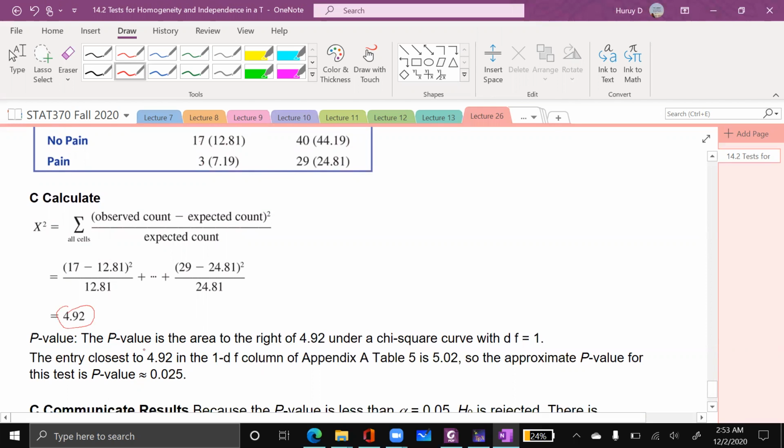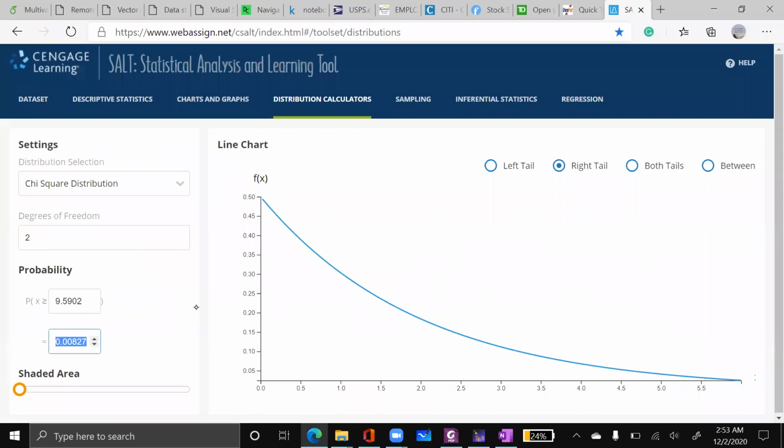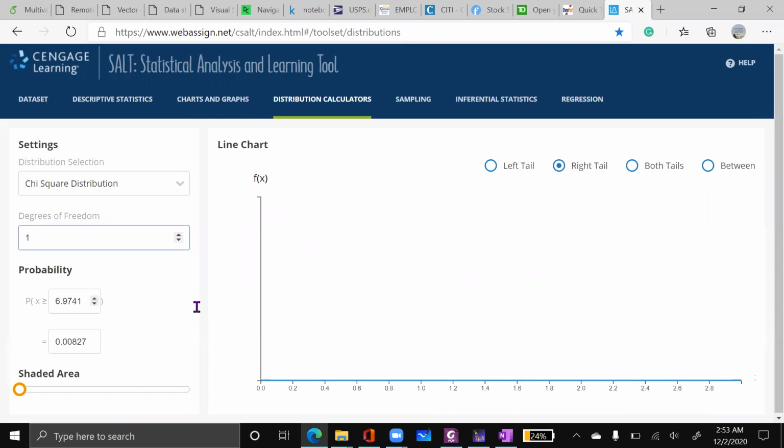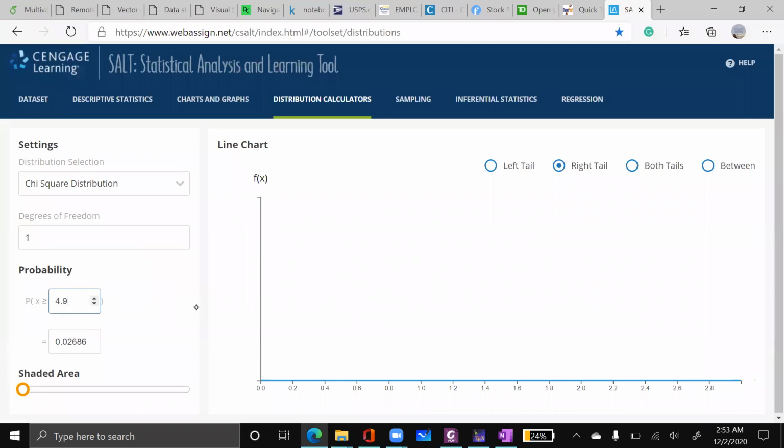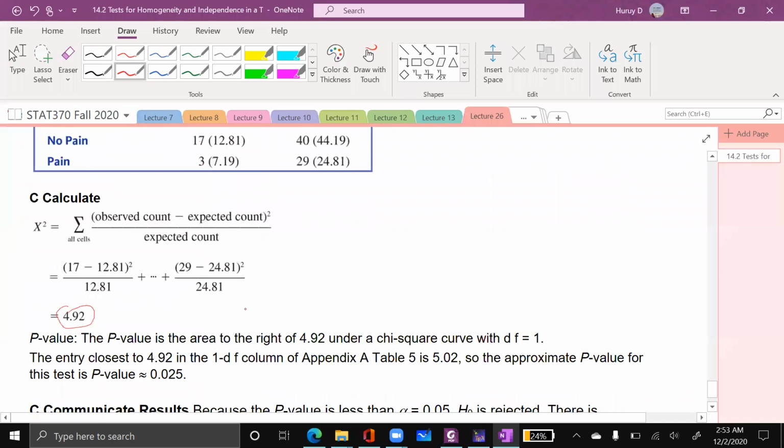Again, we can use technology to find the p-value. I have to change this one to 1, and this is 4.92. Here we have 0.0265, approximately.